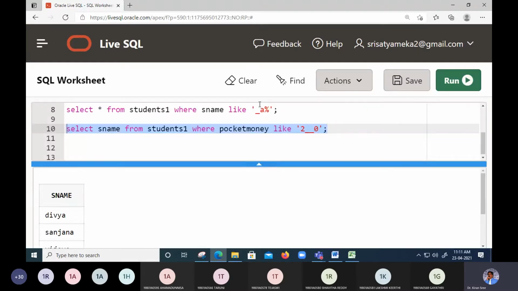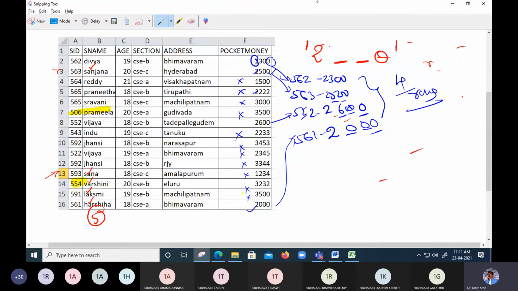We got 4 records, so see whether they are appropriate or not. What is the 561 name? Harshita. 552 was Vijaya, 563 was Sanjana, and 562 was Divya. So you got all these 4 names.